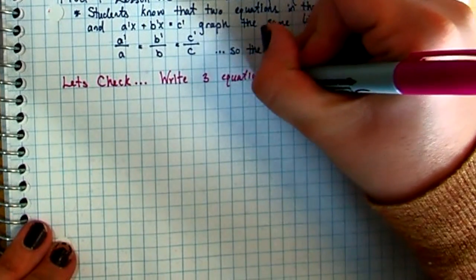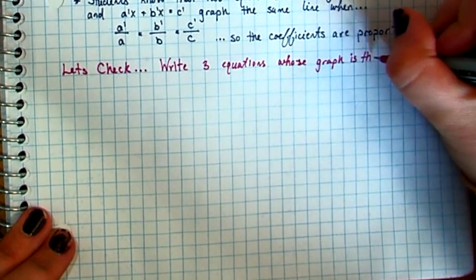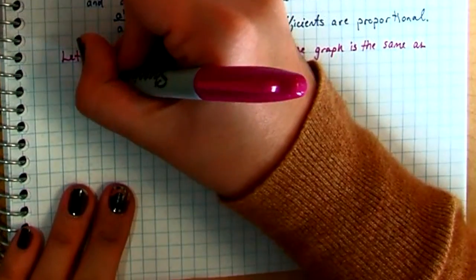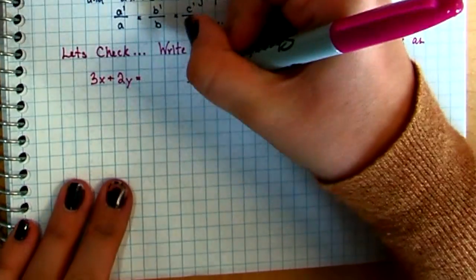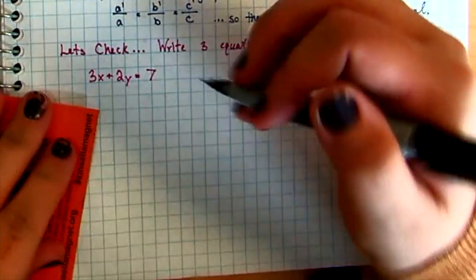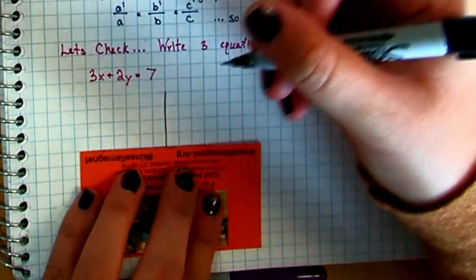Let's write three equations whose graph is the same as the equation 3x plus 2y equals 7. I'm going to draw my graph first so that we can see whether it's the same or different.